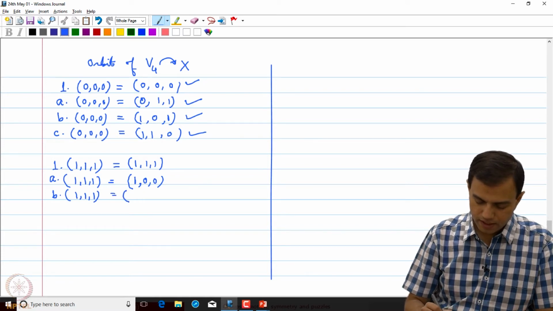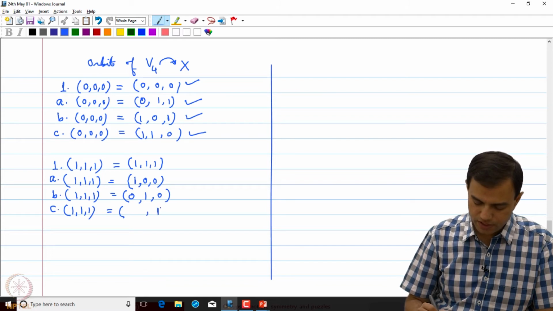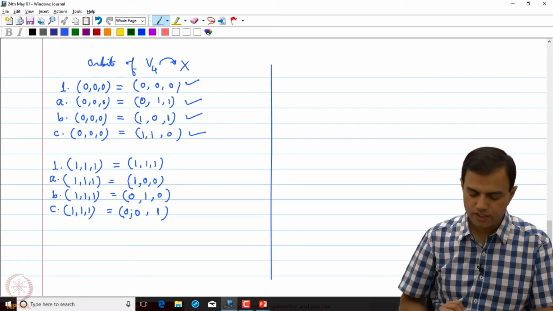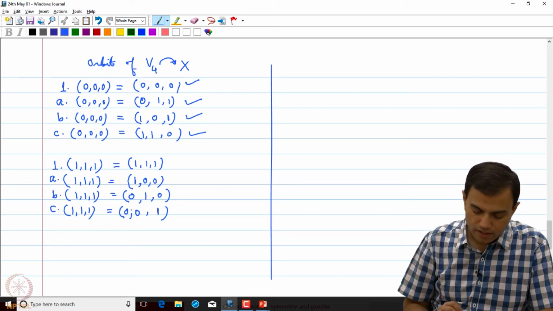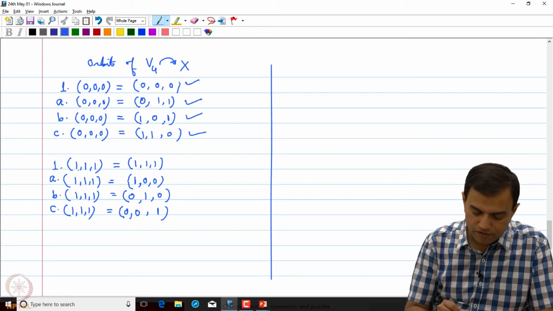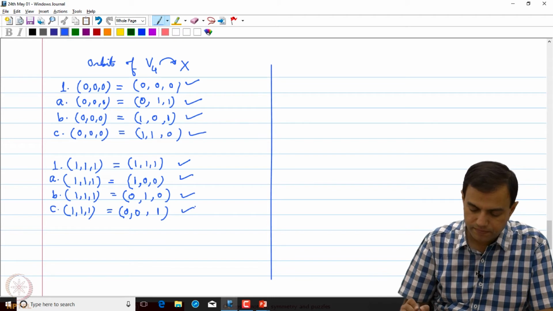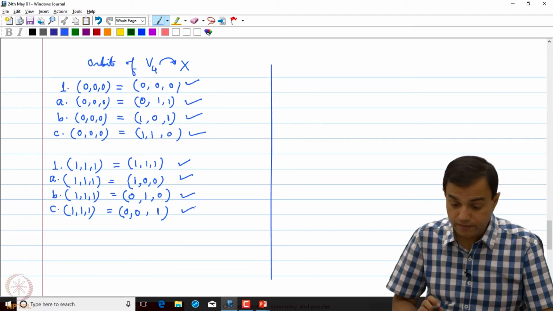Simply this does not change and these two things change. And C, you have this position C does not change while the other two positions change. So the orbit of 1 1 1 has these 4 elements. Fine.